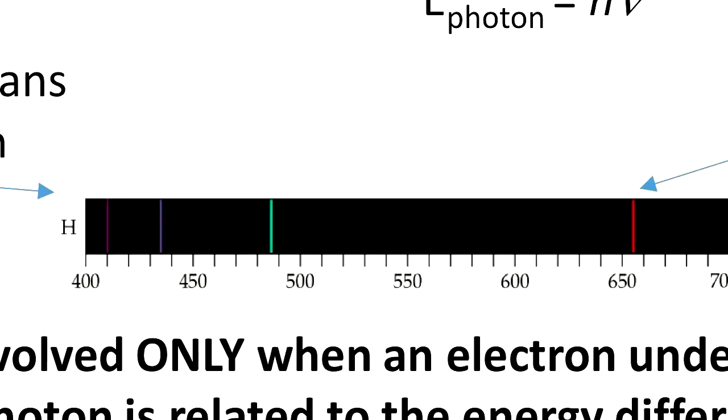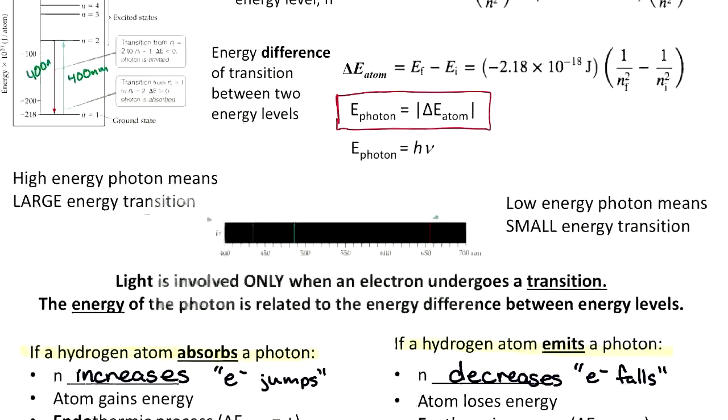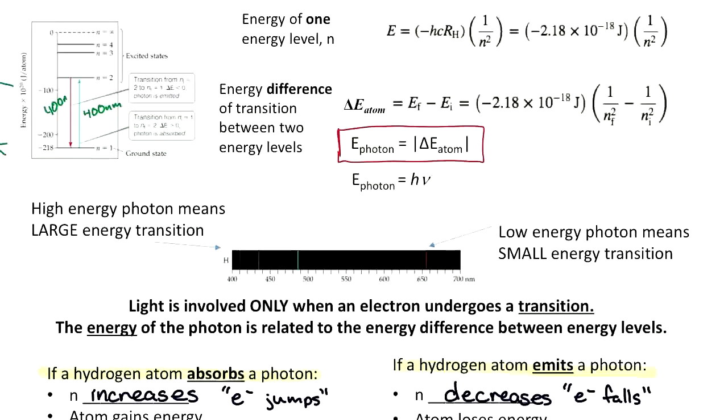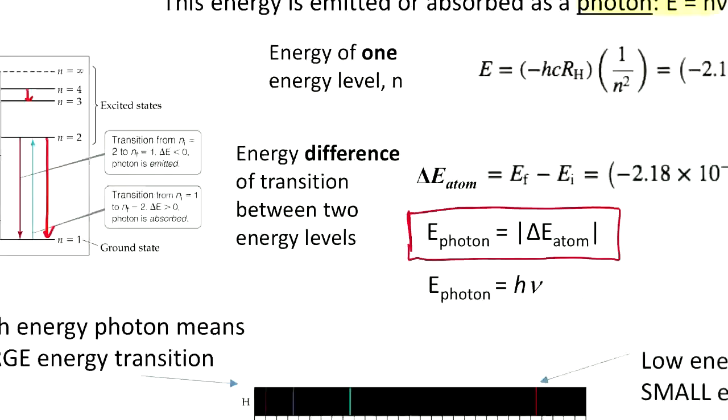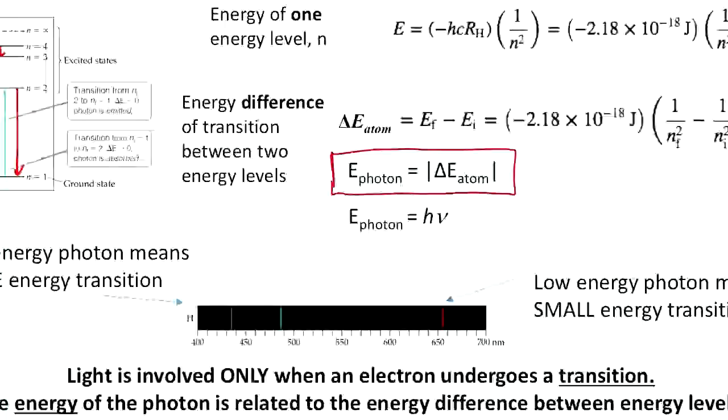So we see that these lines result from different transitions of an electron on our hydrogen atom, right? Because the transitions between these different states can differ, all right? The energy difference between these two states is different from between these two. So different energies of light can be emitted from those different transitions.